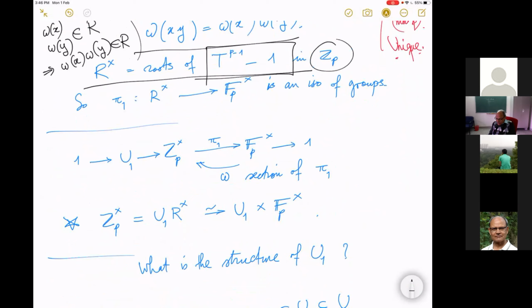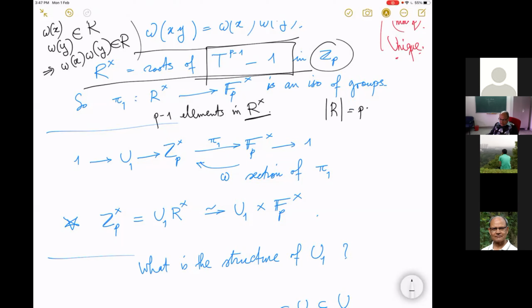And what we have seen is that there are p minus 1 elements in R star, right? That's because there are p elements in R, and I'm just removing one element, so there are p minus 1 elements.